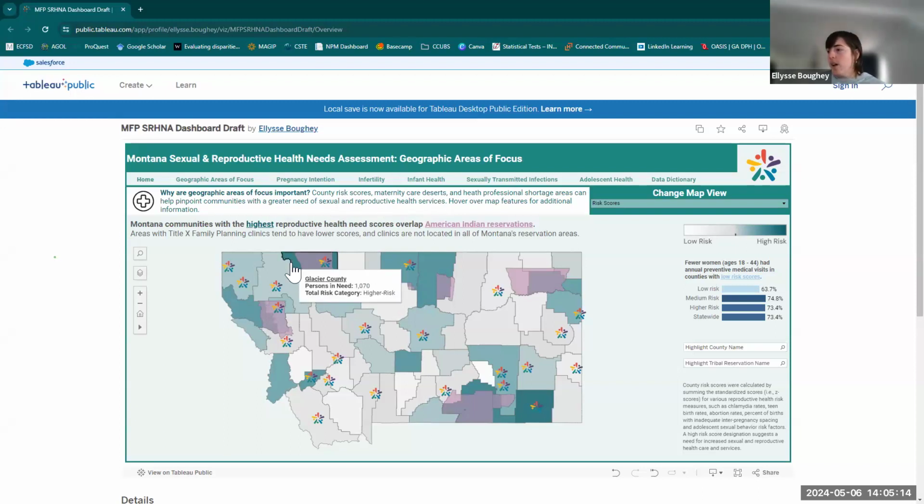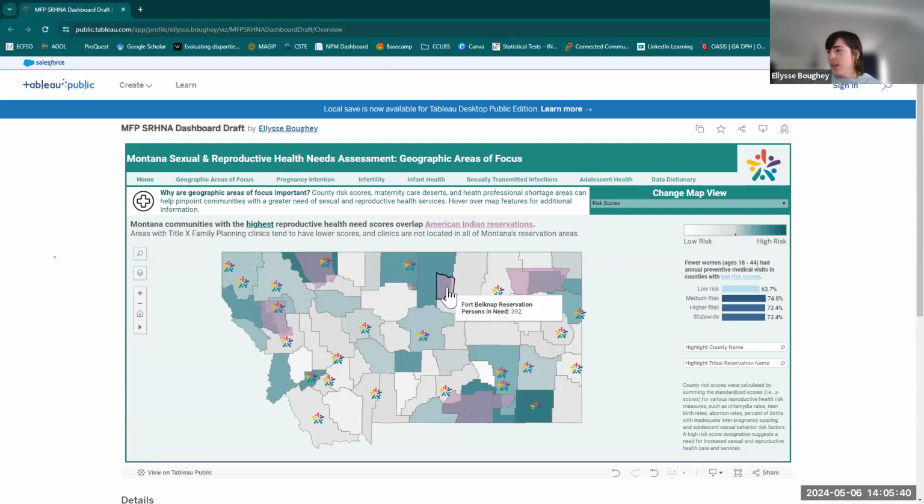So when you hover over a county, that risk score category pops up. There's also a persons in need estimate, which is from the US Census Bureau's American Community Survey. They have population estimates for youth and women of reproductive age living below poverty. And that persons in need estimate is also available for American Indian reservations.